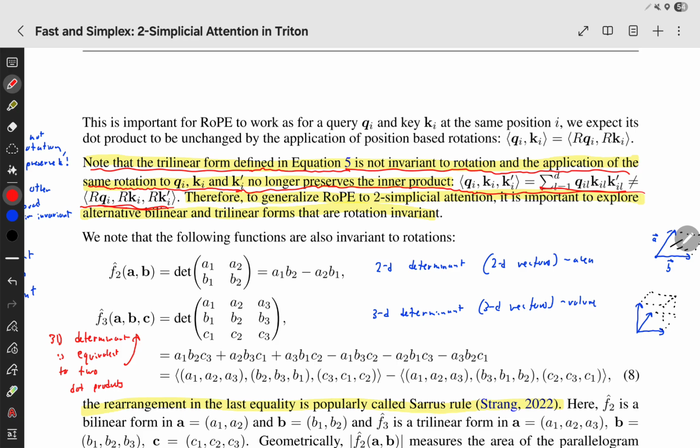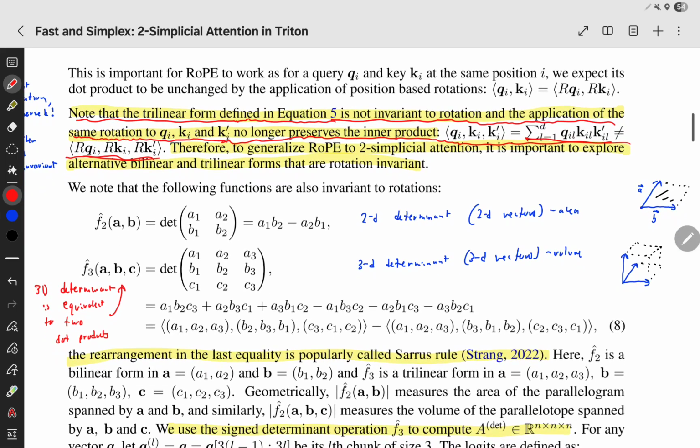So they say there are two things you can do. You can either redefine rope, or you can redefine this trilinear operation we're doing. Instead, they redefine the trilinear operation to make it rotationally invariant. One way to do that is to just take the determinant instead of the inner product.